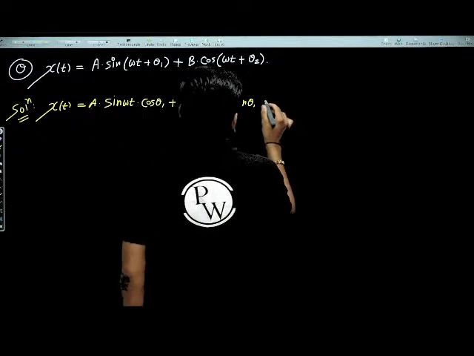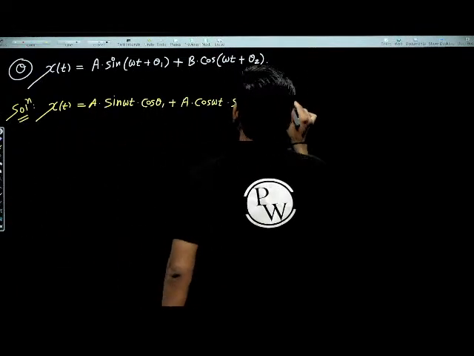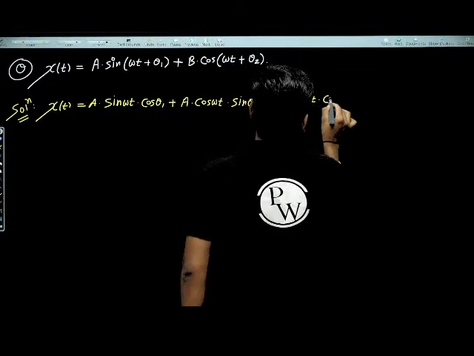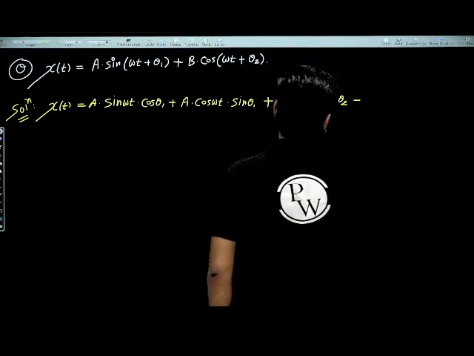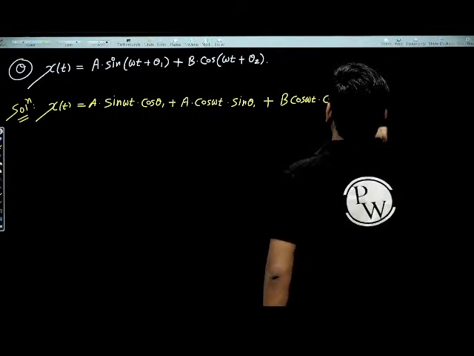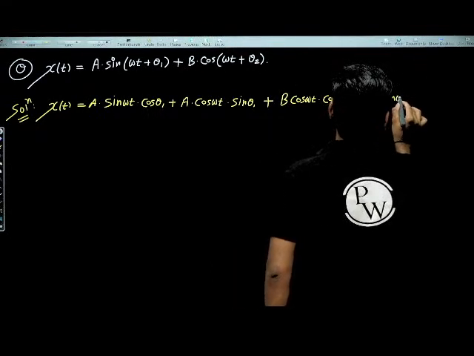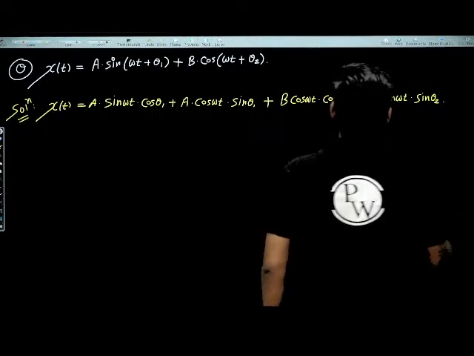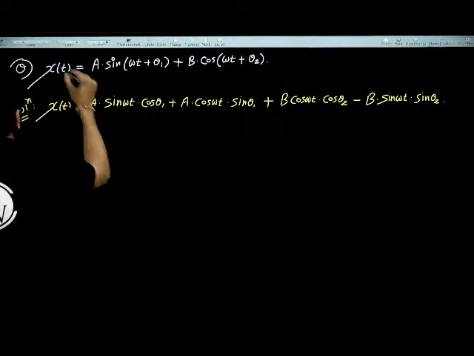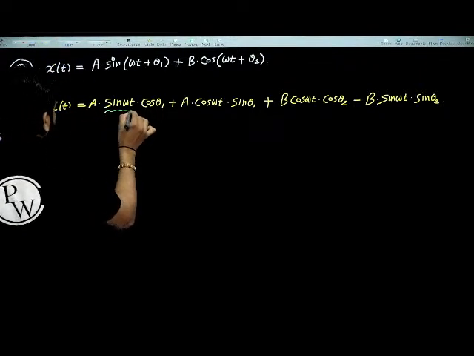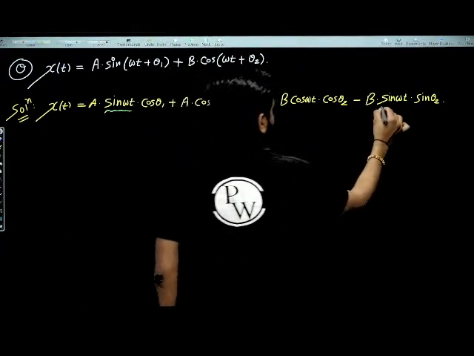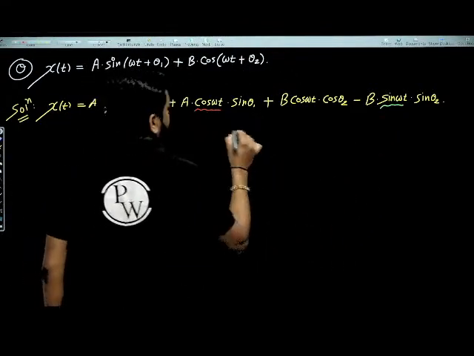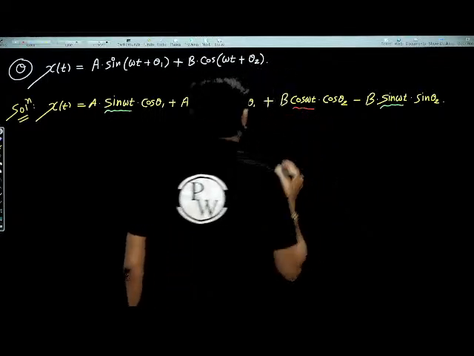Okay, plus here B cos omega t into cos theta 2 minus B sin omega t into sin theta 2. Now you can take sin omega t common, here also sin omega t, and cos omega t you can take common, here also cos omega t.